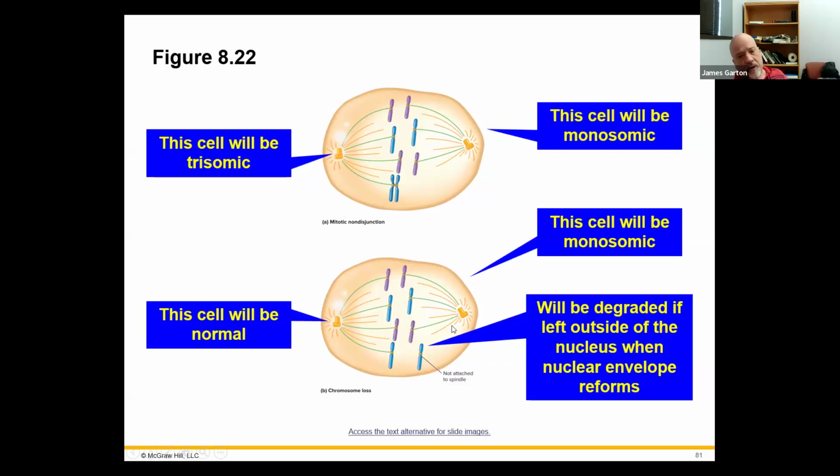And in chromosome loss, the microtubules that move the chromosomes around during cell division sometimes disassociate. If that microtubule breaks off, that chromosome is just adrift. Usually it could be left outside the nucleus during that last part of mitosis, and then the cell will read that as erroneous DNA, and it typically destroys it.